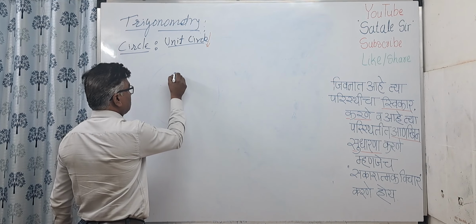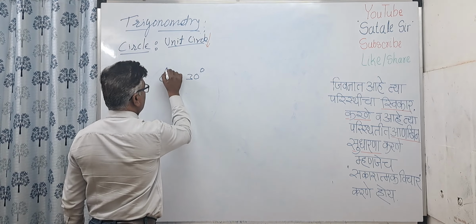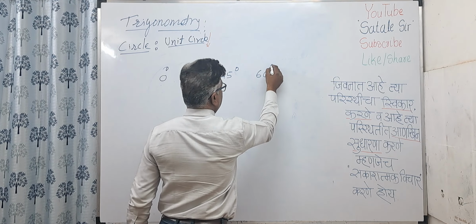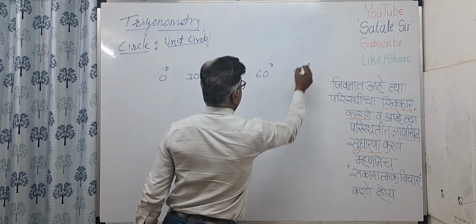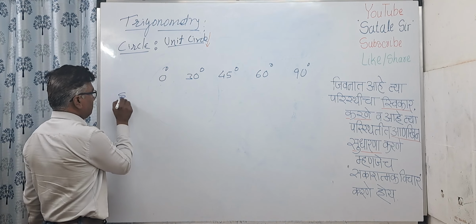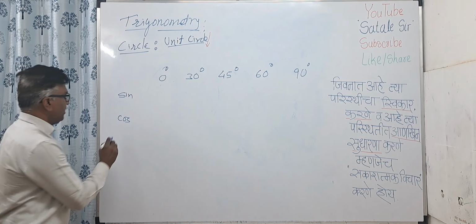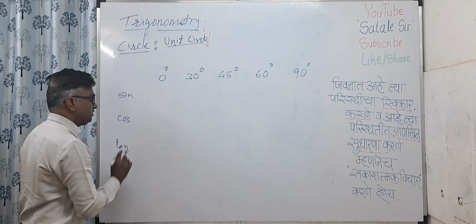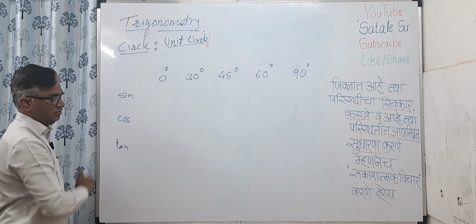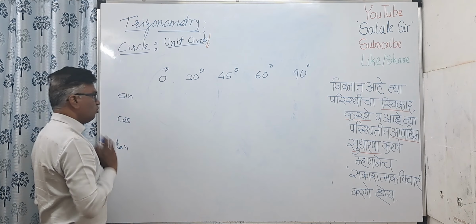Let us suppose the standard angles are 0 degrees, 30 degrees, 45 degrees, 60 degrees, and 90 degrees. Now here I am writing sine, this is cos, which means cosine, and then I am writing tan, that means tangent. Tangent is nothing but the ratio of sine and cos. So tan equals sine divided by cos, and we will see how we get the answers.